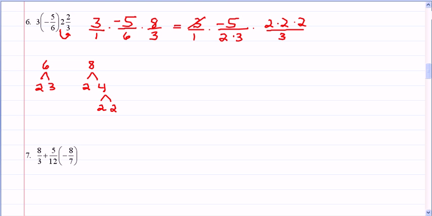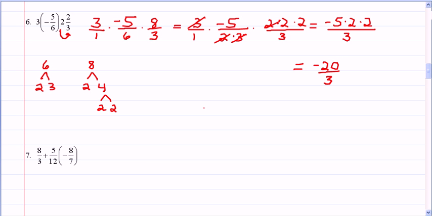And I will cancel these 3's, they're diagonal to each other, and these 2's, just one 2 each, and I'm left with negative 5 times 2 times 2 over 1 times 3, or just 3. So if I multiply the numerator together, negative 5 times 2 is negative 10, times 2 is negative 20 over 3.